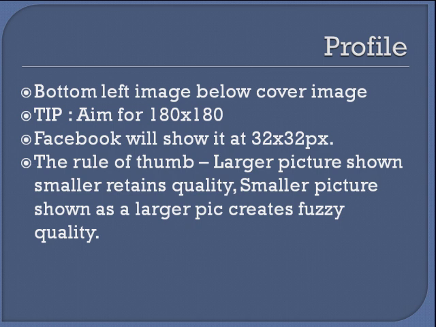But if you go from a smaller picture and make it bigger, it creates that fuzziness. You know how you've seen videos and images that have that fuzzy quality? That's why. So you definitely want to aim for a larger number. We're going to create a 180 by 180 picture.